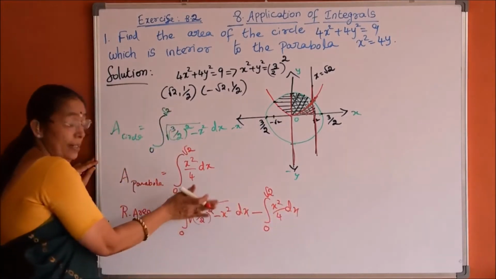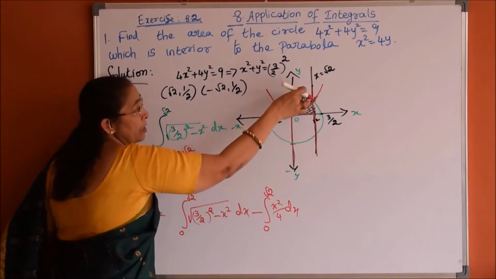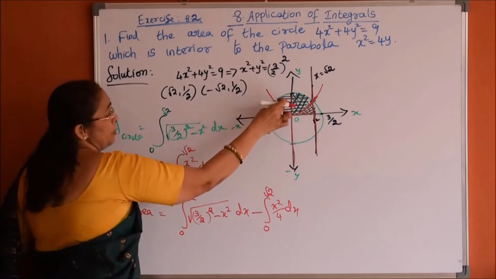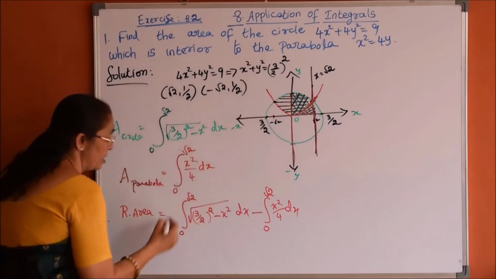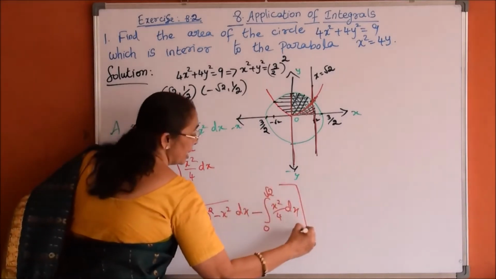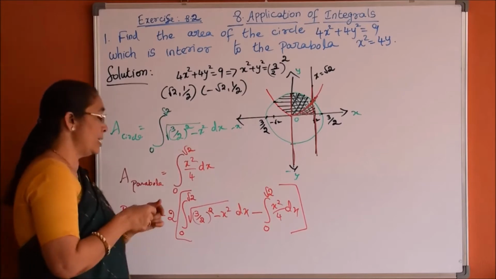So, this will give the area covered between the circle and the parabola in the first quadrant, but we need this portion also. It is symmetric about the y axis, therefore the required area is 2 times this integration. Is it clear? Now, let us evaluate this integration.